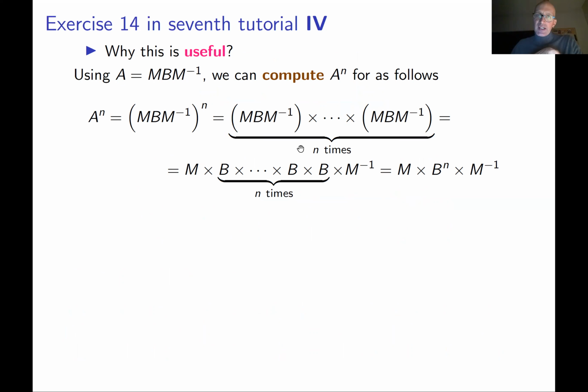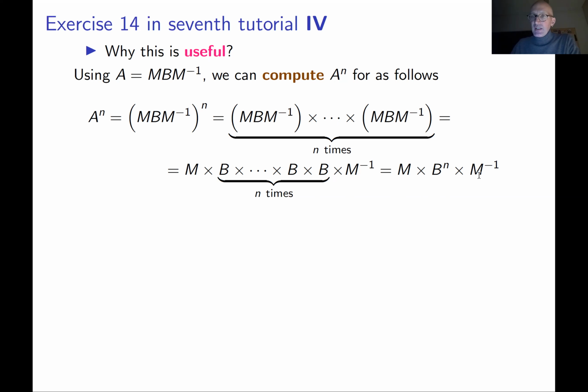So you get rid of brackets here, and then you see that every time you see M inverse in the middle of this product, its neighbor is M. So M times M inverse is identity. So this product simplifies like this. And it simplifies to just M times the power of B times the inverse of M.